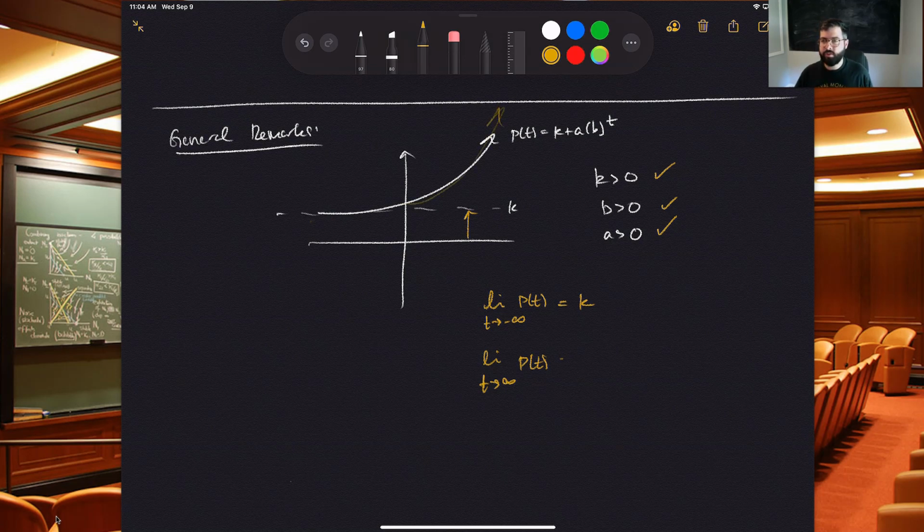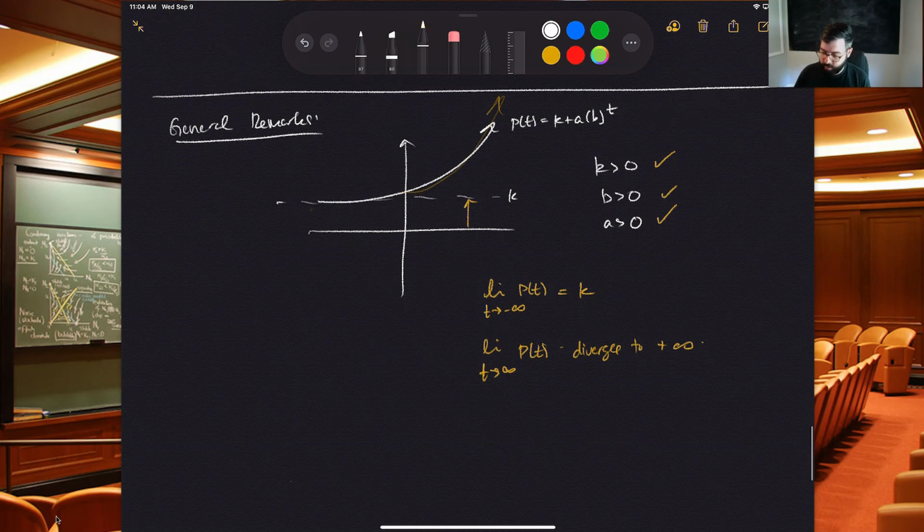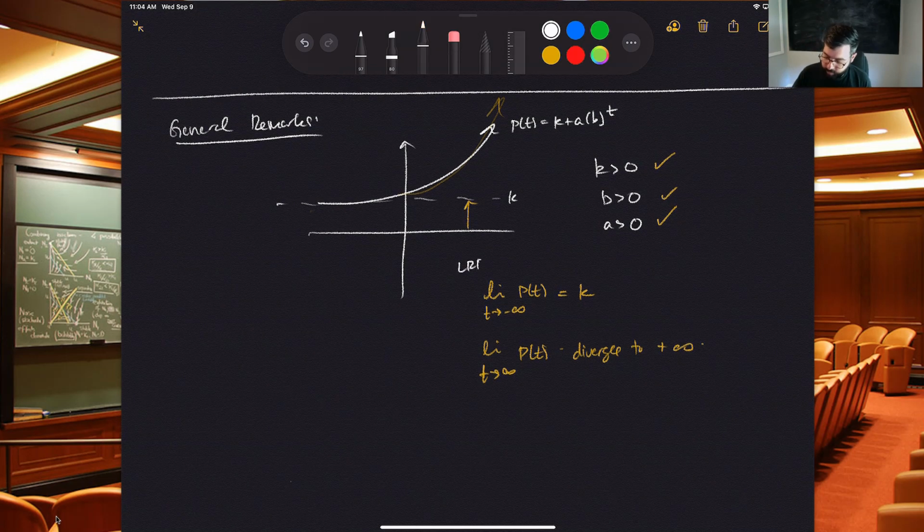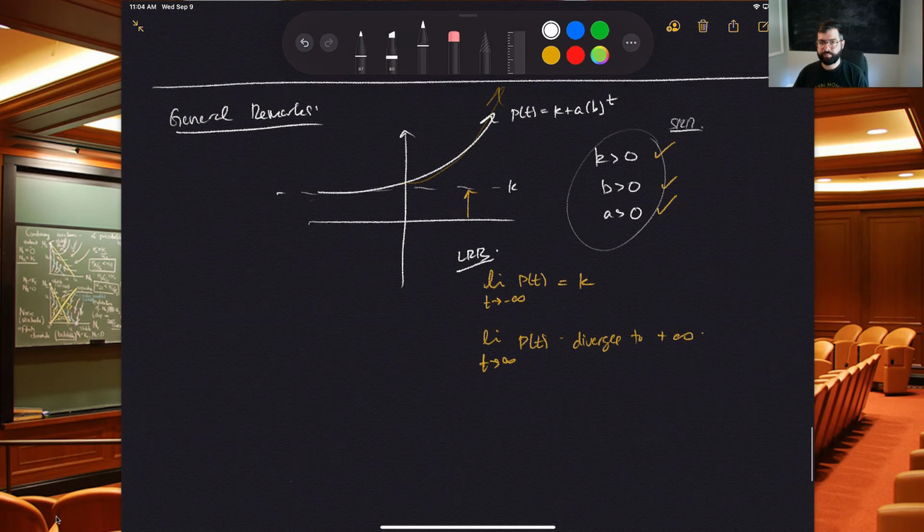Well, this thing shoots off and accelerates to huger and huger numbers, right? So no, this doesn't exist. This actually diverges to infinity. So this is the long run behavior. Here's kind of your short run behavior items.